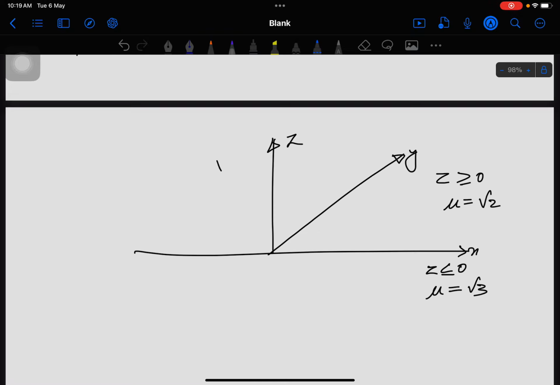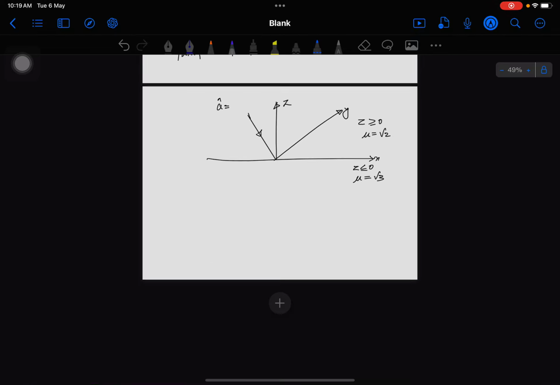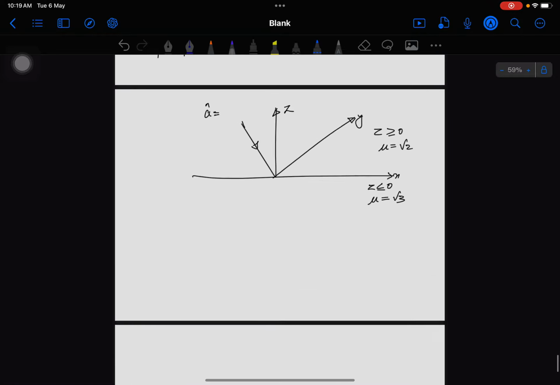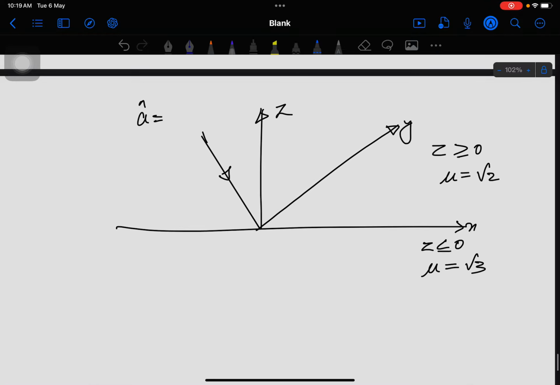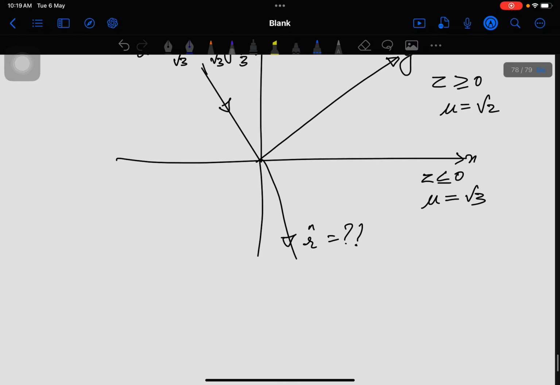The incident unit vector, let it be incident this way. Let's say your I cap is equal to 1 by root 3 in i plus 1 by root 3 in j and minus 1 by root 3 in k cap. This is the incident unit vector. We want to find out the refracted unit vector.